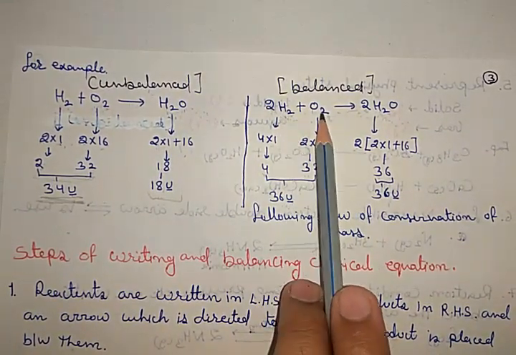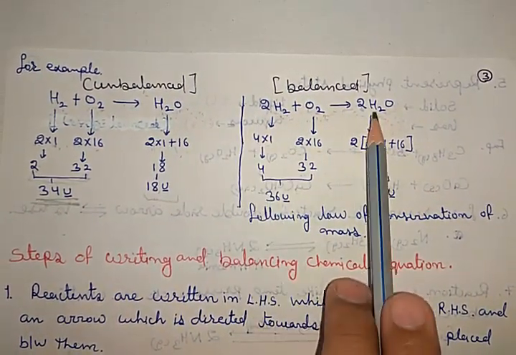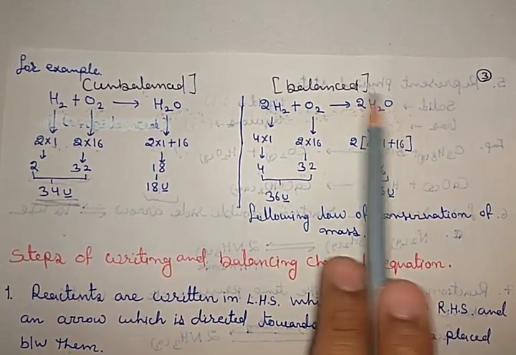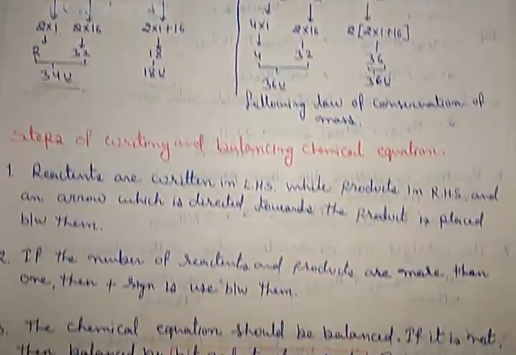That is the reactant, which is on the left hand side, that is the product, which is on the right hand side, and the arrow is placed between them.